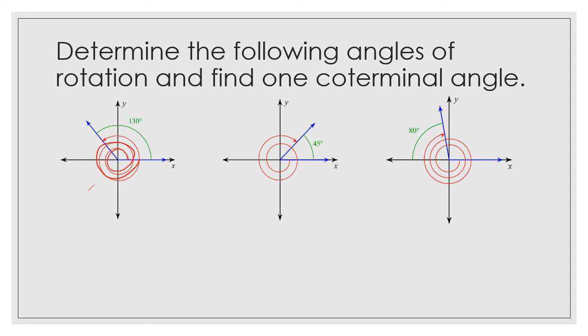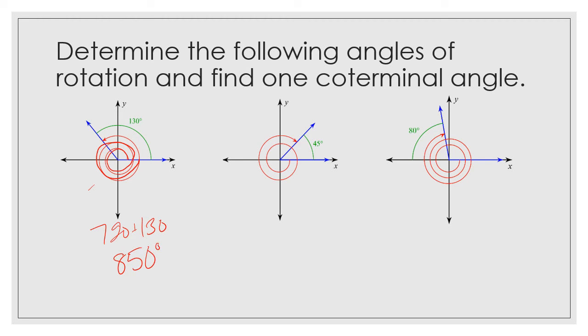The way that I got that is each revolution is 360 degrees, 2 times 360, 720. And then from the green, I can tell that that is 130. So I have 720 plus 130, which means that this angle of rotation is 850 degrees.